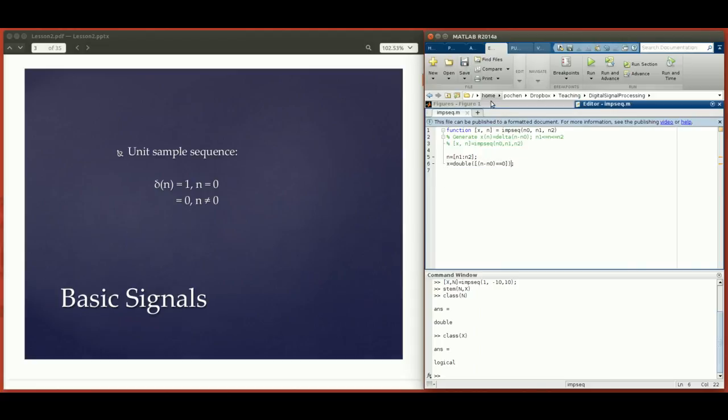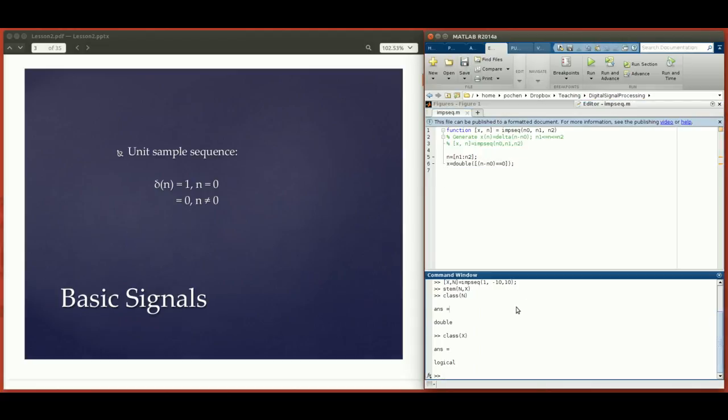So let's just save it, and then let's run it again. You can use the up and down arrow keys to repeat a previous command. And if you type the first few letters of a particular previous command, then use the up and down arrow keys, it's going to repeat the previous command that starts with the letters that you have typed.